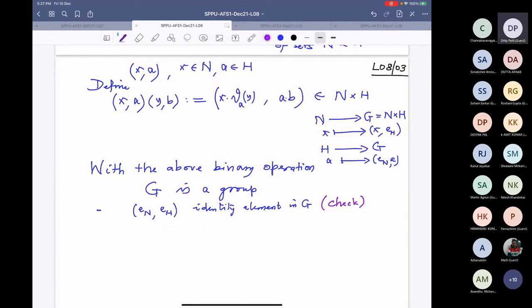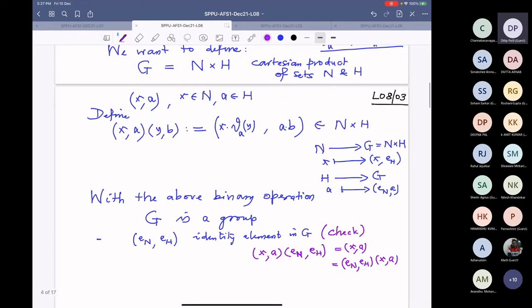But remember what you have to check. You have to check that (x, a) times (e_N, e_H) is equal to (x, a), and also you have to check the other way, (e_N, e_H) times (x, a). Close your eyes and look at the definition and at what is given.